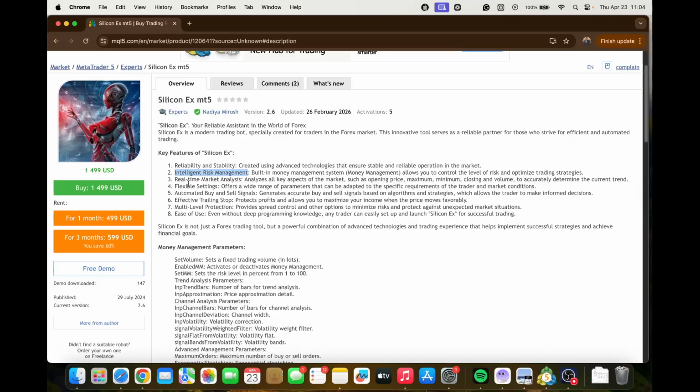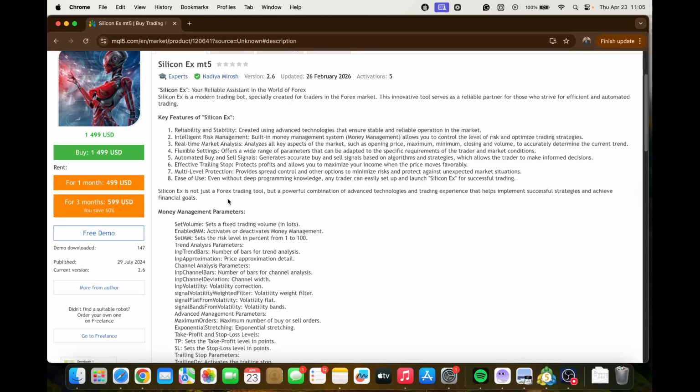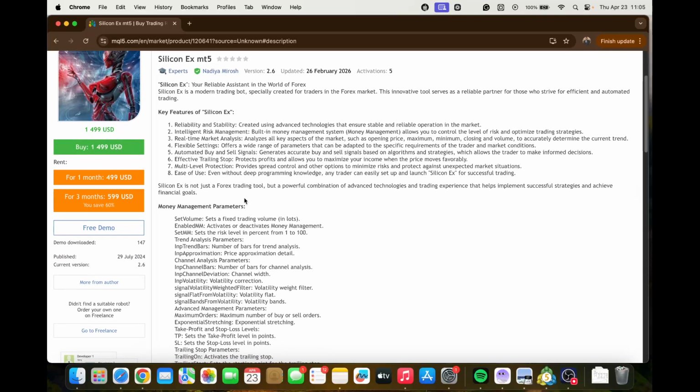The whole idea is that it combines real-time market analysis with flexible parameters, so it can work across different pairs and time frames. But it clearly loves high volatility instruments, and gold is the number one. They describe it as "stable, reliable, and easy to use, even if you are not a coding expert," in quote.